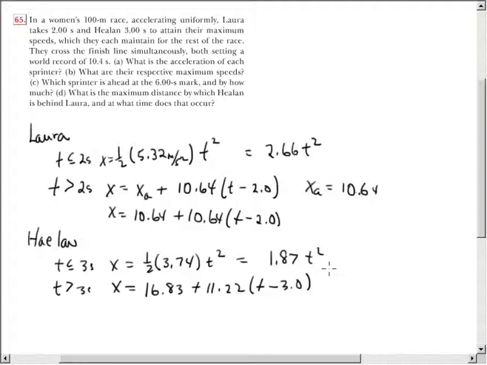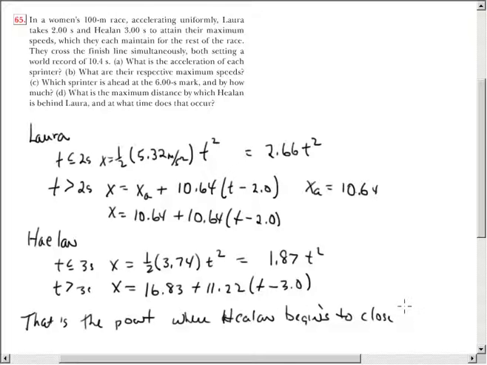Now, what is the importance of the point where Helene's velocity matches Laura's? Pause the video and write your answer down. That's the point where Helene begins to close the distance.